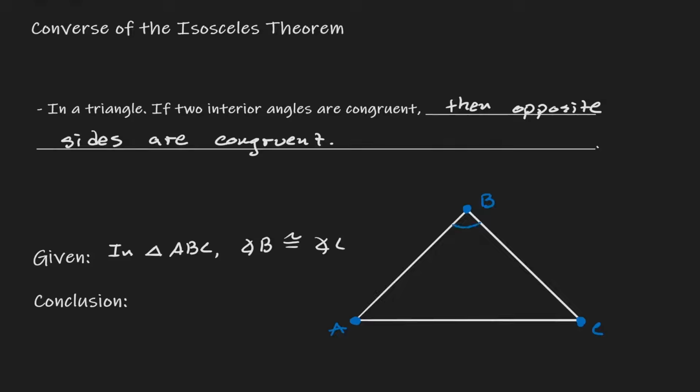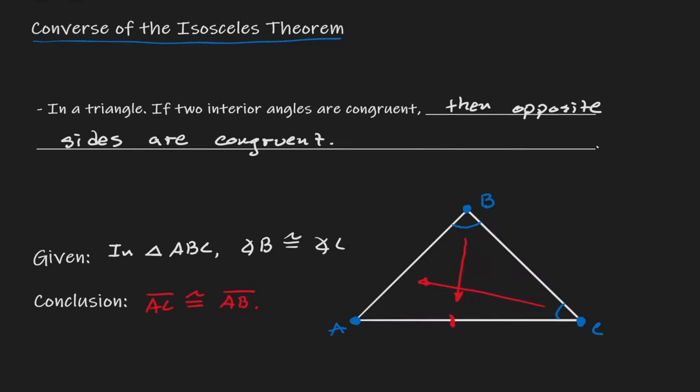Now, the converse of the isosceles theorem says that opposite sides are going to be congruent, which in this case, that will be line segment AC will be congruent to line segment AB.